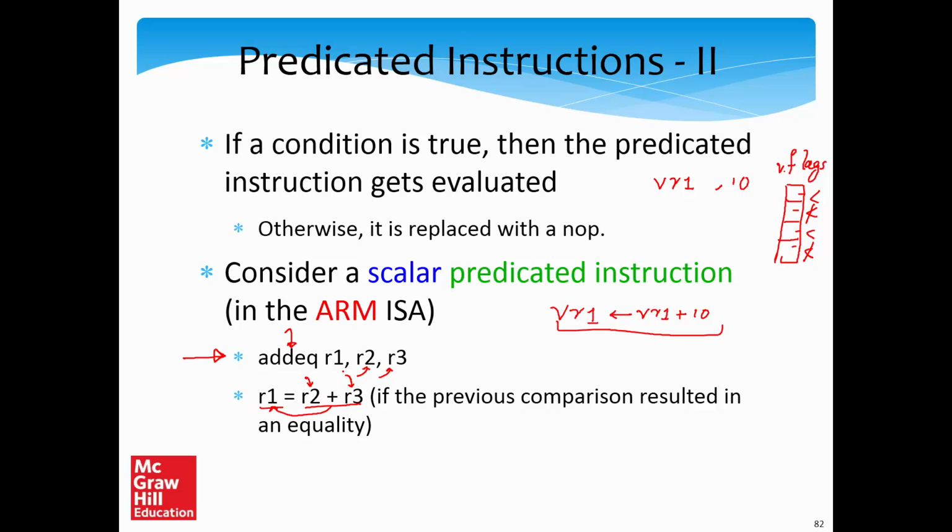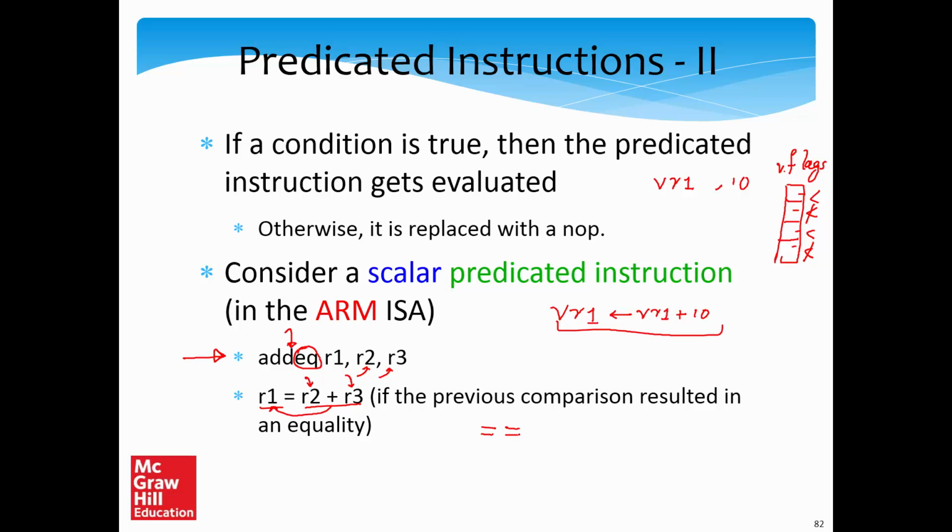But there was an additional caveat, which was this EQ field. This said that if the previous comparison resulted in an equality, then only we do this addition. Otherwise, we don't do anything at all.